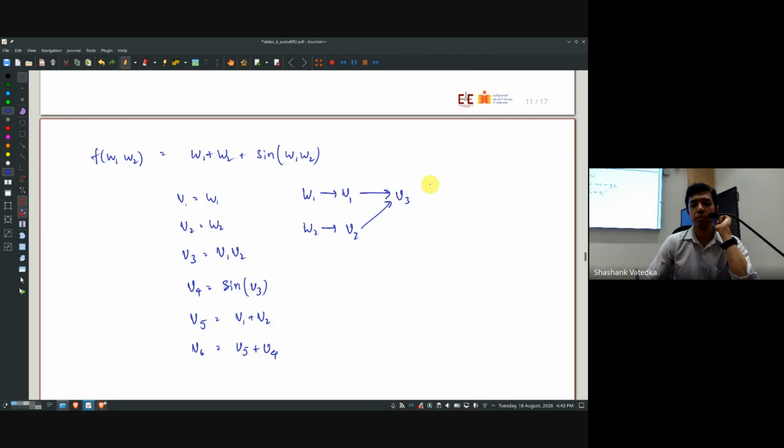And V4 is sine of V3, so it depends only on V3. And V5 is V1 plus V2. And V6 is V5 plus V4, which is the function I want to evaluate.